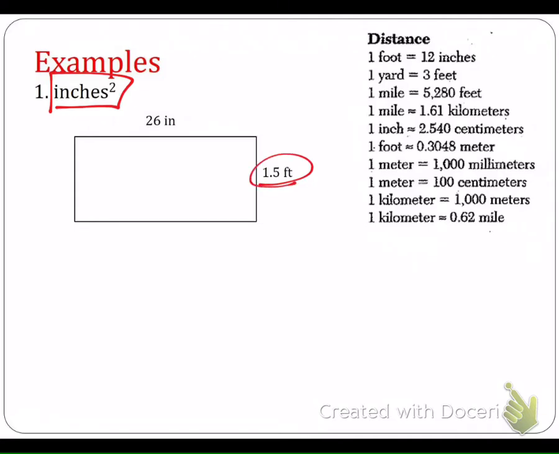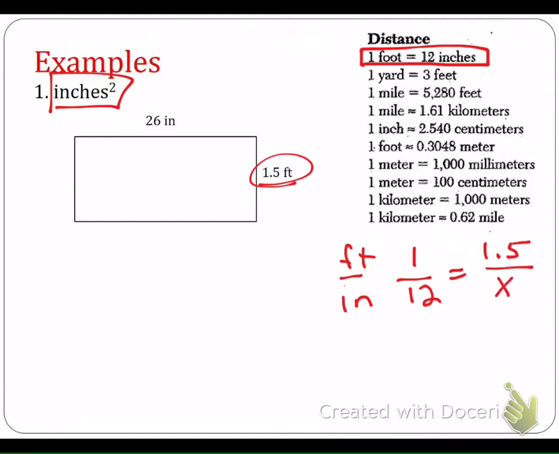How do I do this? I'm going to use this guy, right? Yeah. So you can do feet over inches. So 1 foot equals 12 inches. 1.5 feet equals X inches.